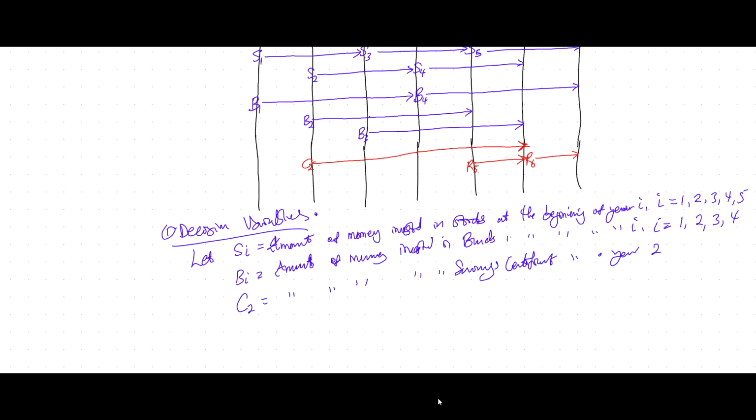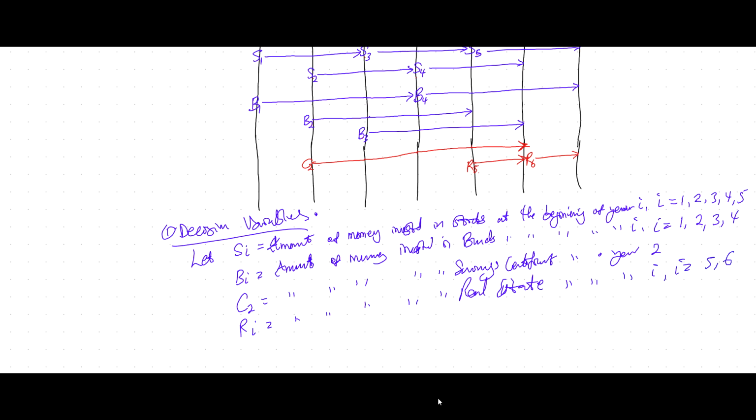Let RI be the amount of money invested in real estate at the beginning of year I, where I is 5 and 6.